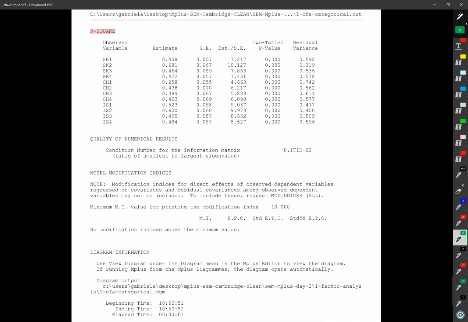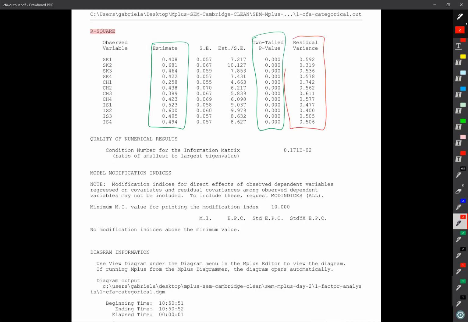Right, so the R-square, which is depicted here, refers to the amount of variance in the items that is accounted for by the factor. The amount of variance in the outcome explained by a predictor. Now notice that this is significant for all of the items. However, you still have something left over, and this is depicted here by the residual variance.